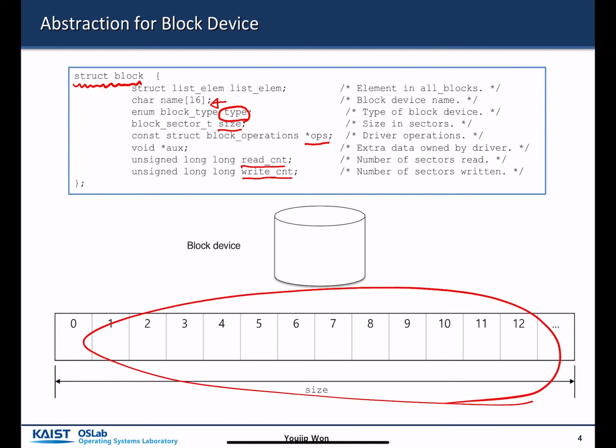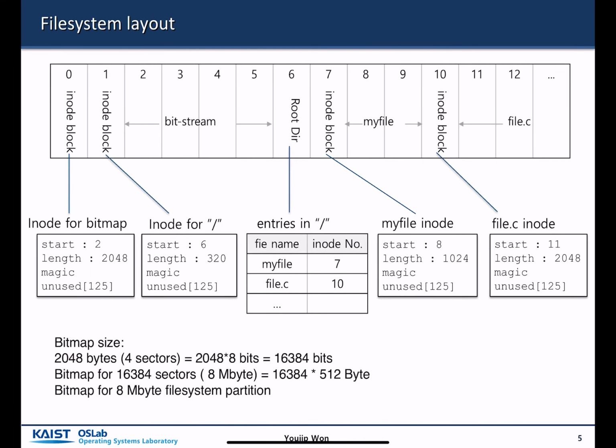Formatting a file system is the process of writing some contents over each of these blocks. This is the layout of the Pintos file system. This is block 0, block 1, block 2, block 3, block 4, and so on.